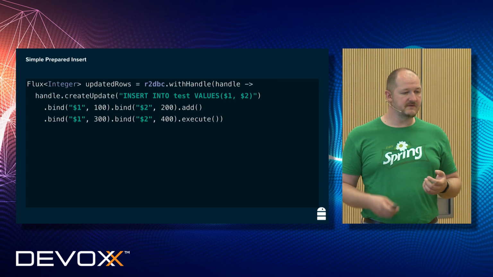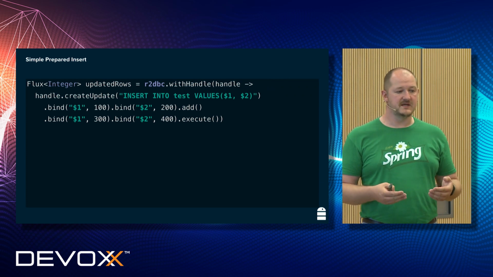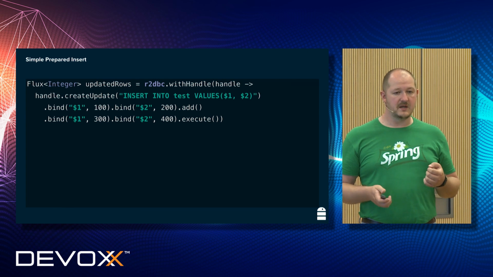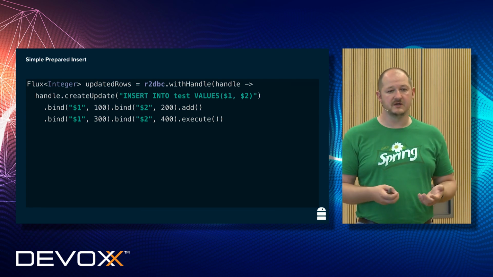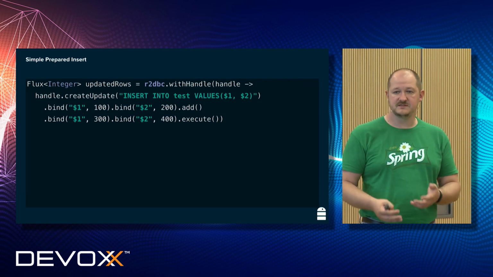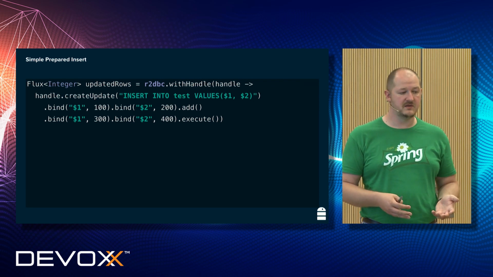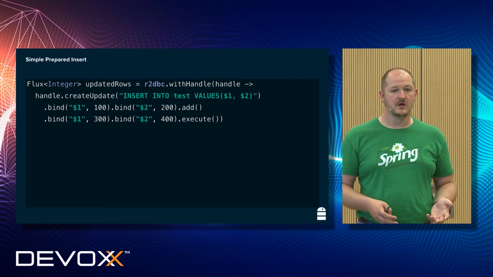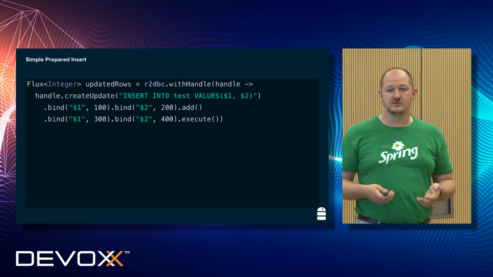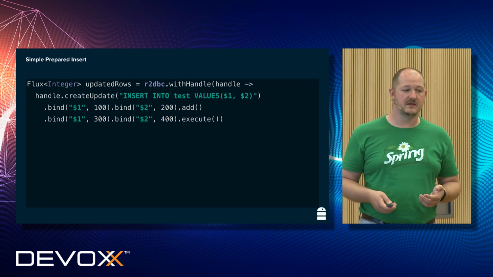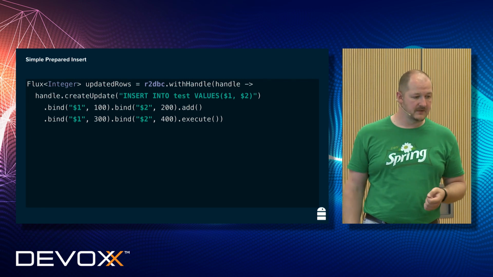Therefore, let's provide bind methods on that end and pass that through to the statement. Once we are happy, we execute that update statement, and typically we are interested in either completion, is this thing done, were these statements executed, or if we want to get fancy, we are interested in how many rows were really affected by that particular statement.